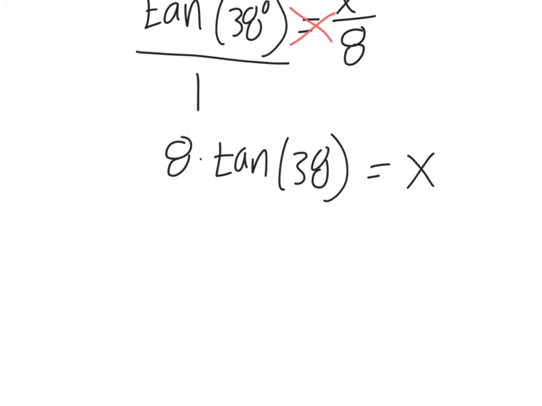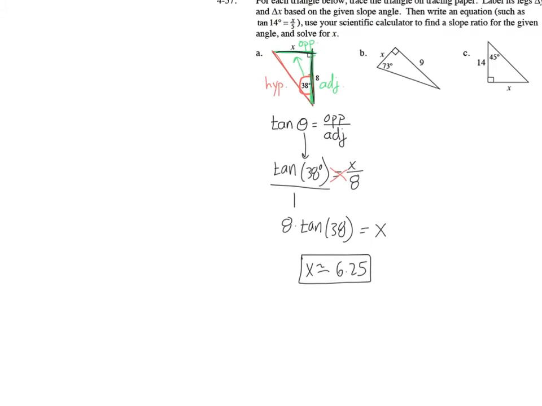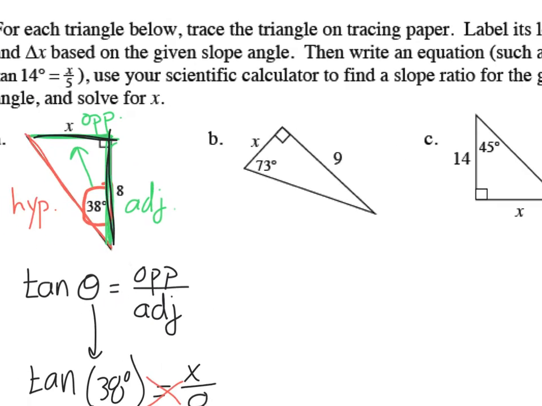And so now when I type that into my calculator, I find that x is approximately 8 times the tangent of 38, which is approximately 6.25. And so I use the tangent ratio in order to help me solve for that side length that's missing.